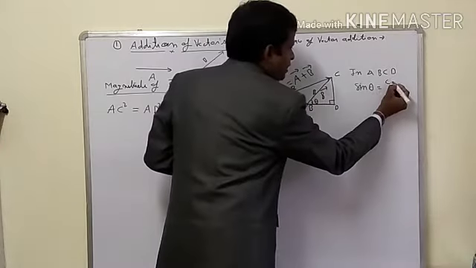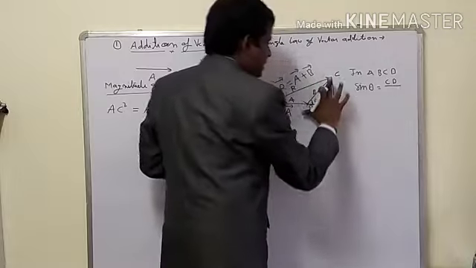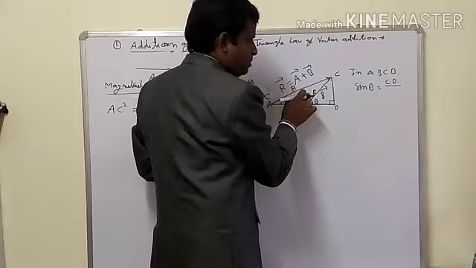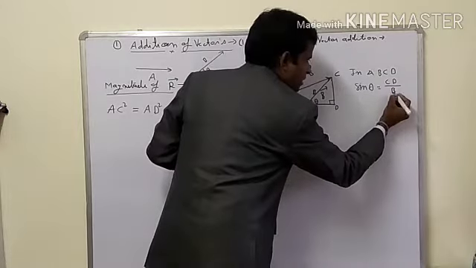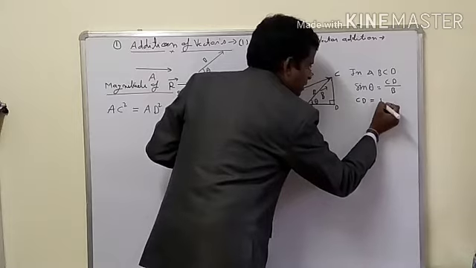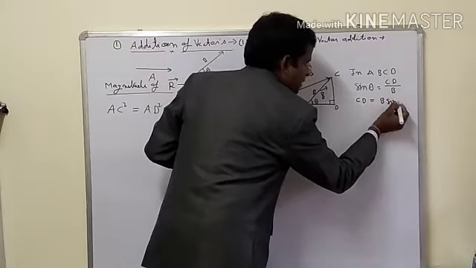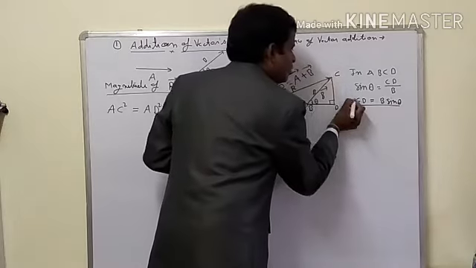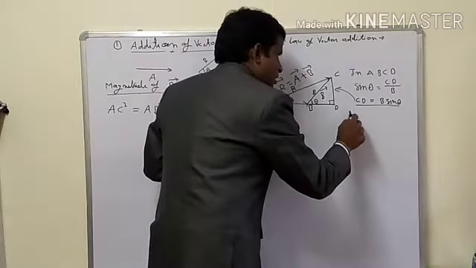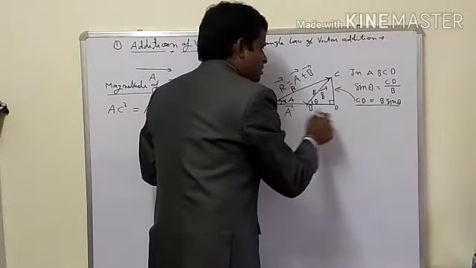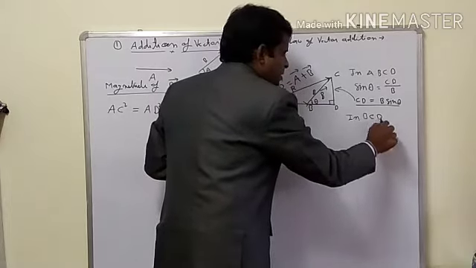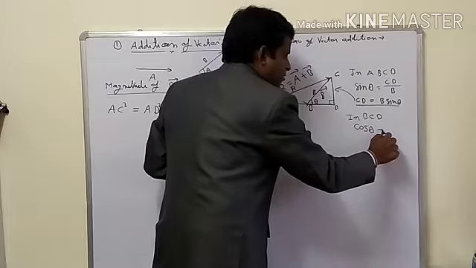Perpendicular, you know that, is CD, and hypotenuse is vector B having length B, so we are writing over here B. So from this relation, CD will be B sin theta. So B sin theta is the length of CD. Similarly, in the same triangle BCD, cos theta.